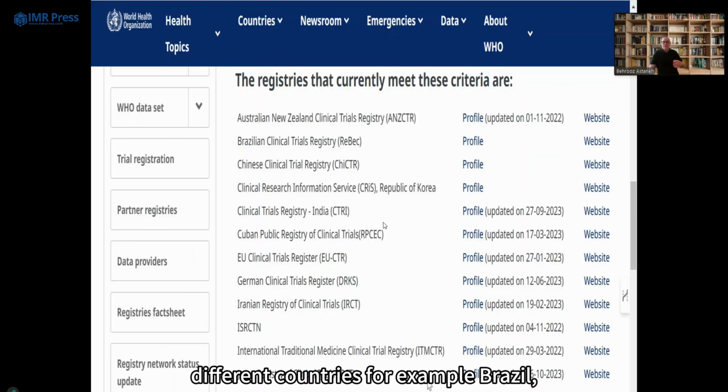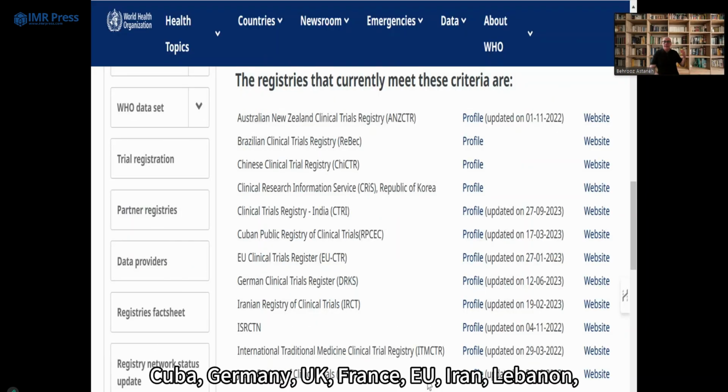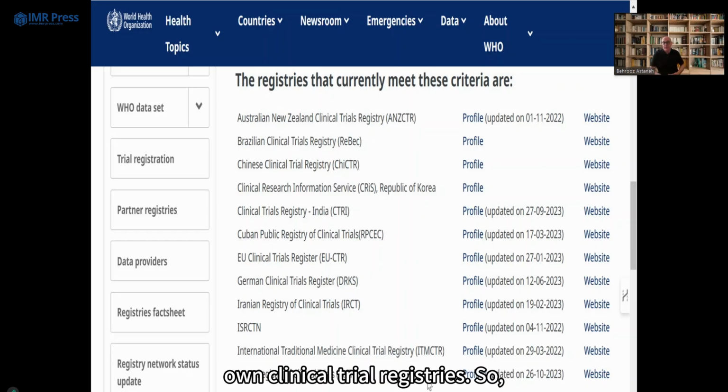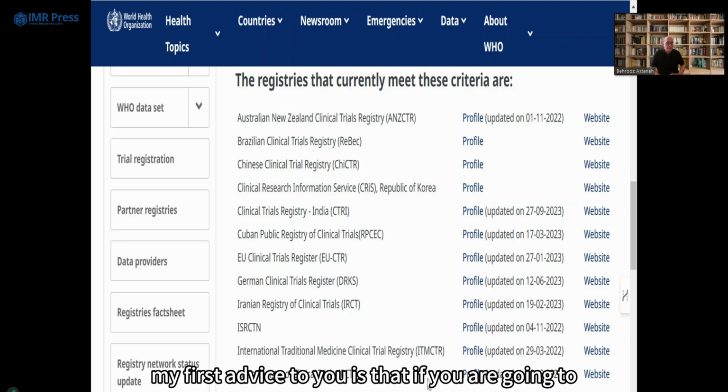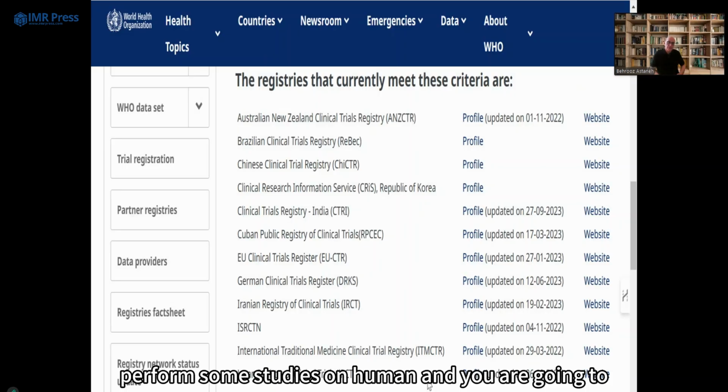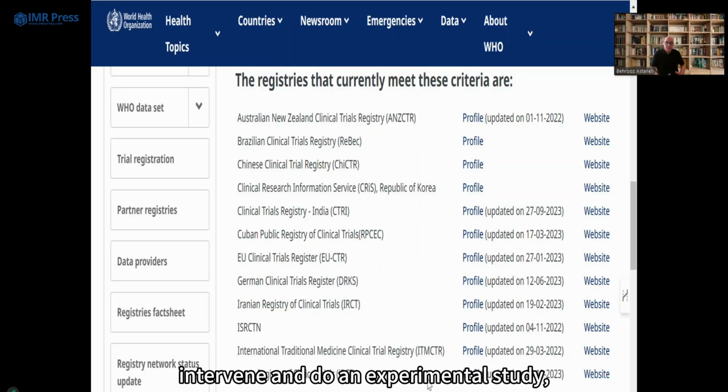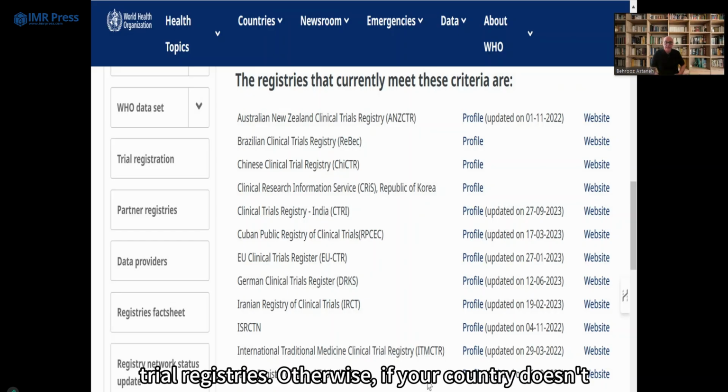And different countries, for example, Brazil, Cuba, Germany, UK, France, EU, Iran, Lebanon, Japan, started to set up their own clinical trial registries. So my first advice to you is that if you are going to perform some studies on human and you are going to intervene and do an experimental study, the first thing is to find whether your country has its own trial registry or not, because some countries mandate their researchers to register their trials specifically in their own clinical trial registries.